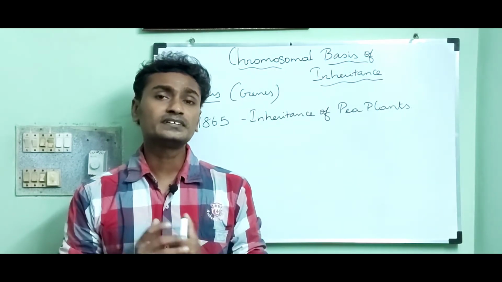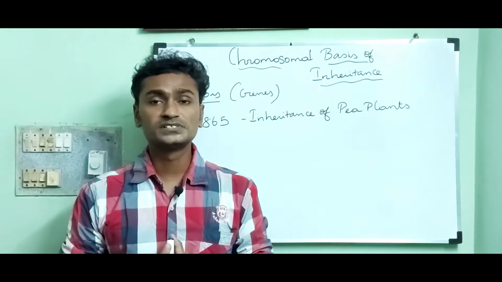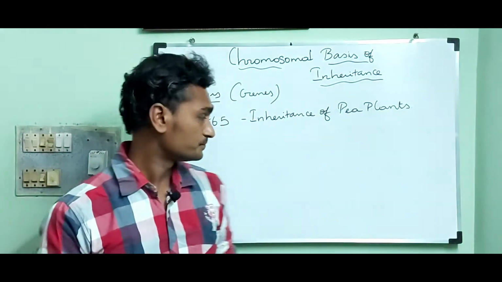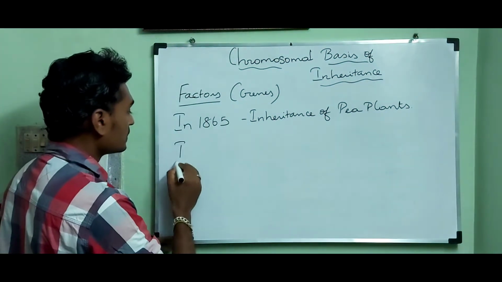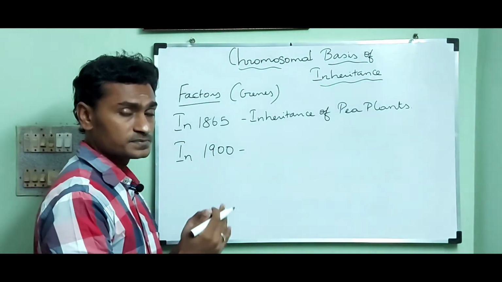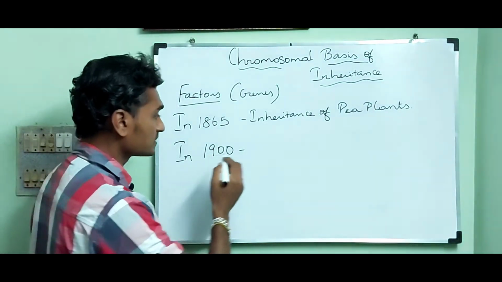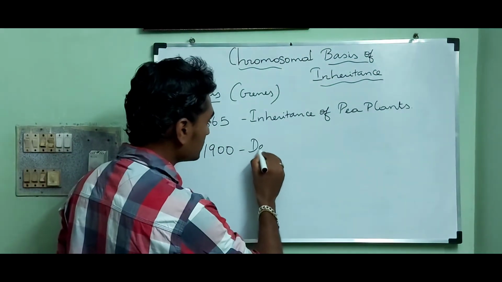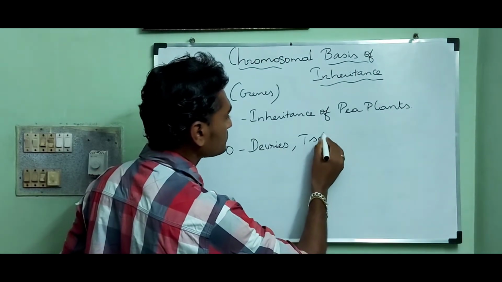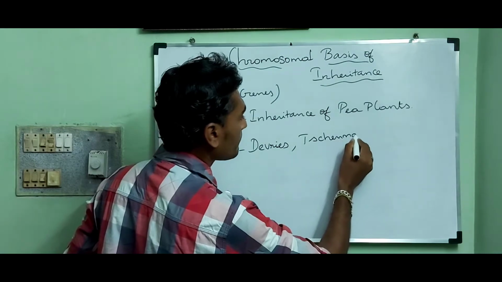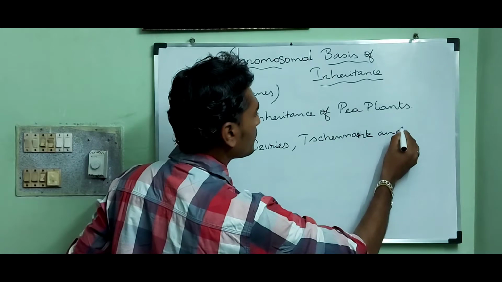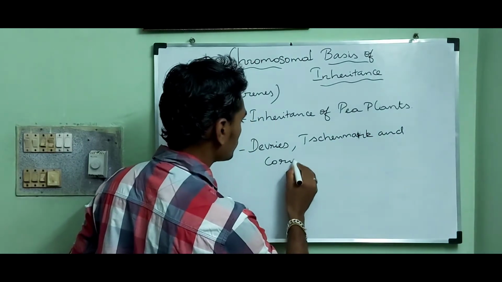In 1900, Mendelian principles were rediscovered by three scientists, De Vries, Tschermak, and Correns.